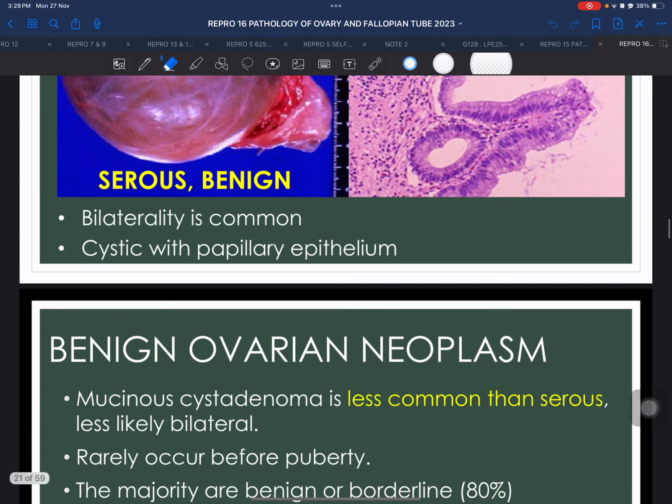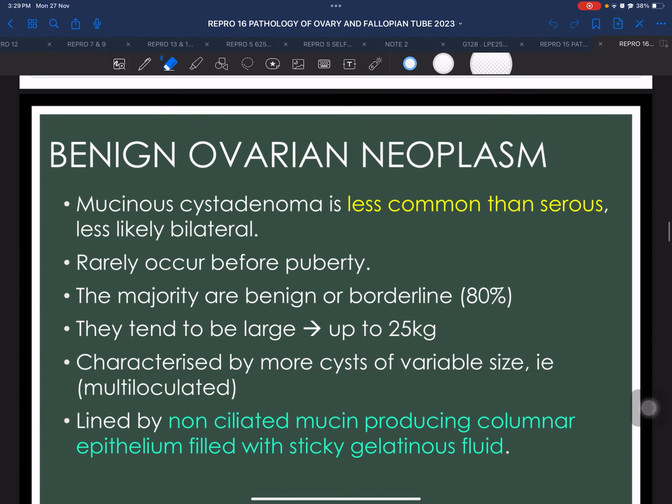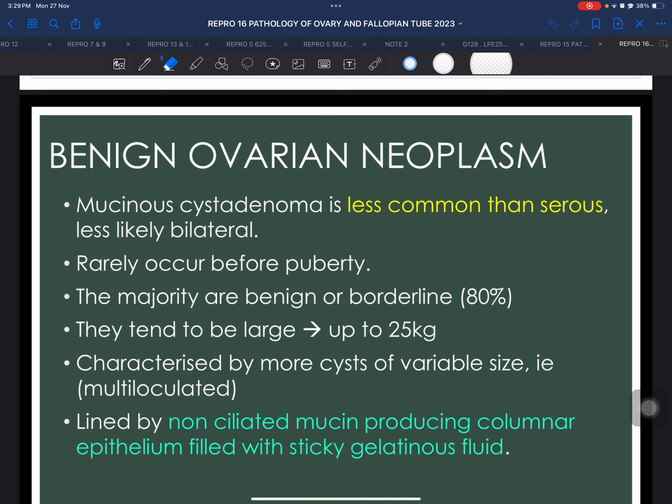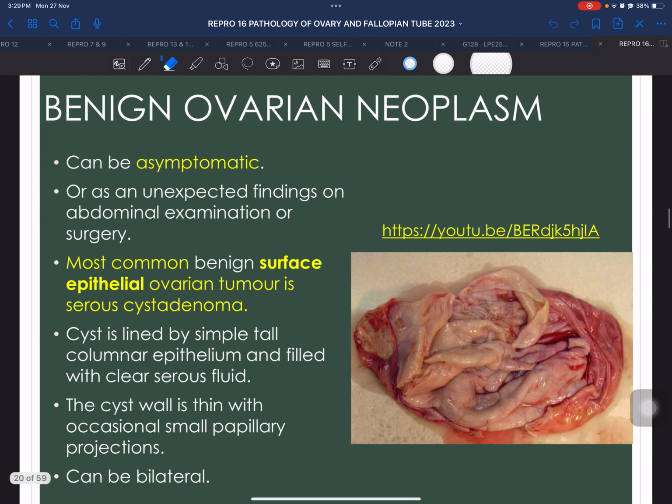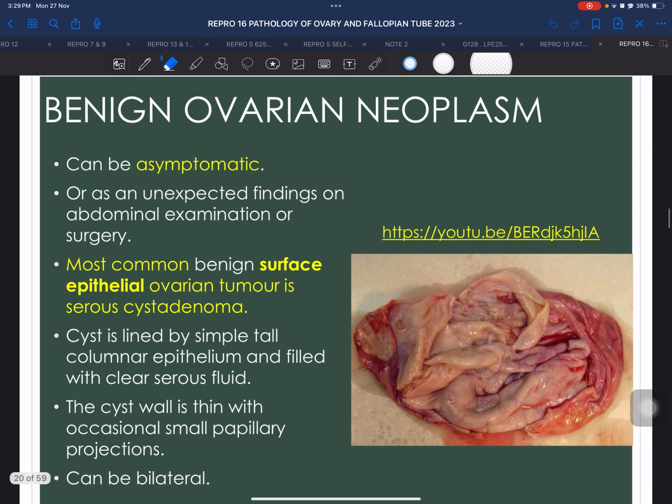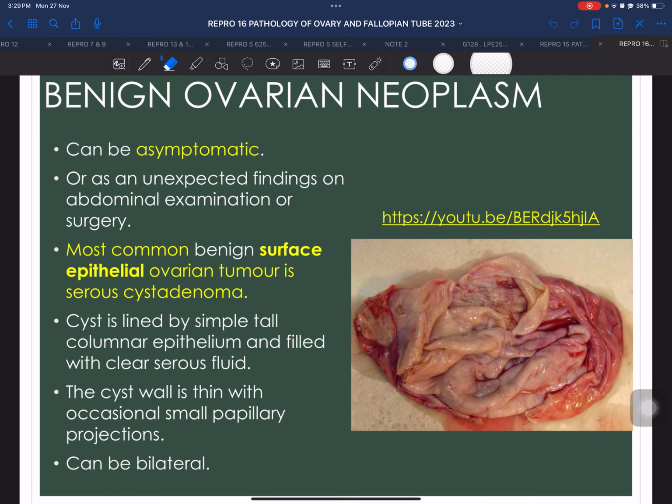Okay, so they can be asymptomatic or an unexpected finding on abdominal examination or surgery. And the most common benign surface epithelial ovarian tumor is the serous cystadenoma. The cysts in serous cystadenoma are lined by a simple tall columnar epithelium, and they are filled with clear serous fluid. Okay, so they can be bilateral.